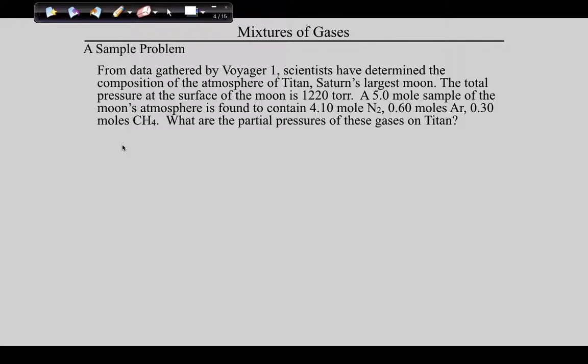So guys, let's solve it for one, and if you can solve it for one, you can solve it for all. So we go like this. Pressure of component A is equal to pressure total times X sub A. So guys, let's make our A nitrogen. Let's do this for nitrogen first.